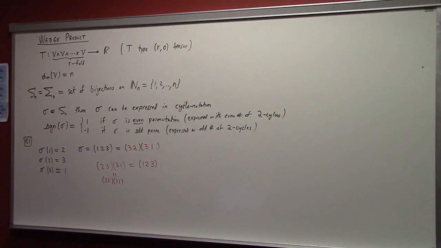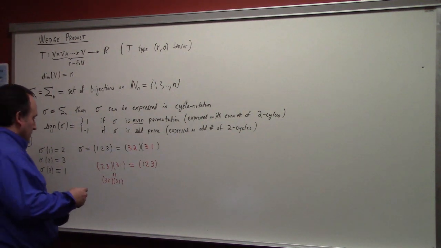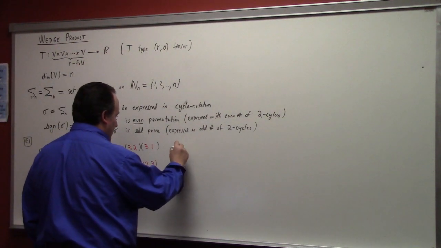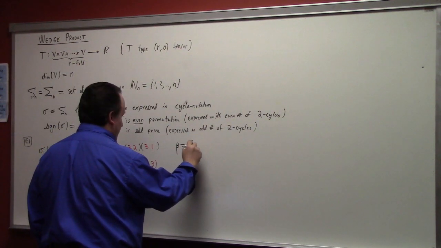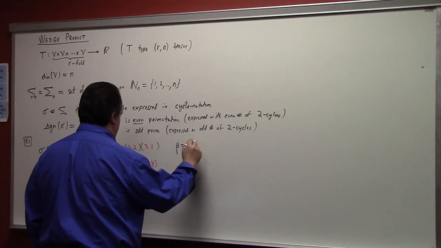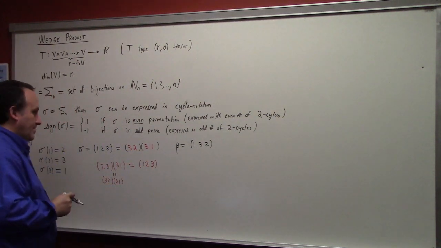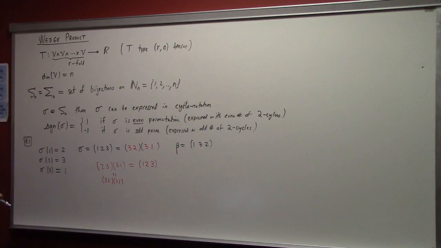How about if we do, say, beta equal to, I don't know, (1 3 2). It should be even as well. I feel like it should be even as well, yeah. So we're just relabeling numbers.